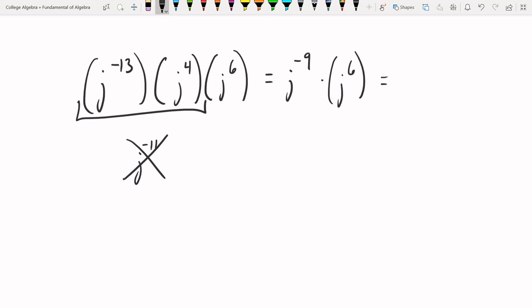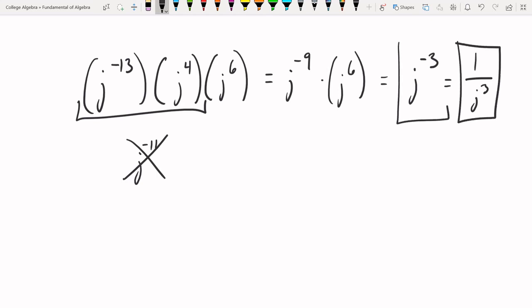And again, we have like bases, so we're going to add the exponents. Negative 9 plus 6 gives you negative 3. And you would say not have negative exponents. You put that in the denominator, j to the 3 over 1. So that's probably what you want to see. Sometimes that would be acceptable.